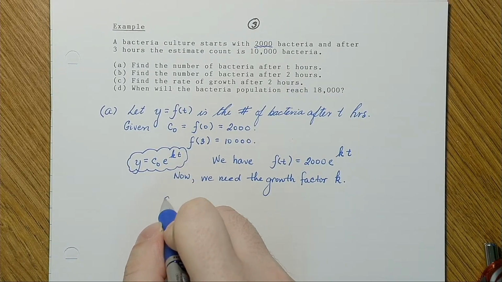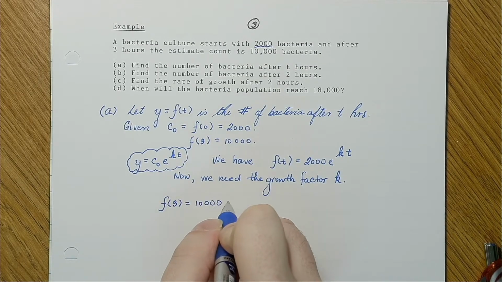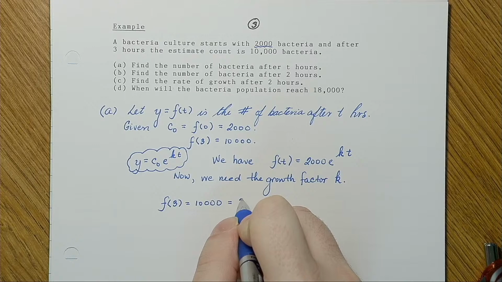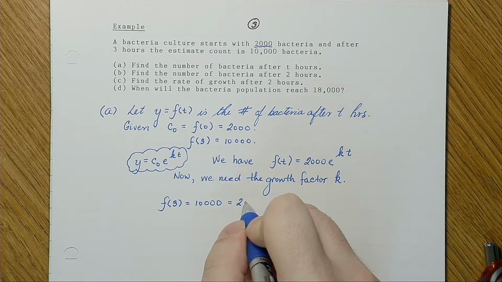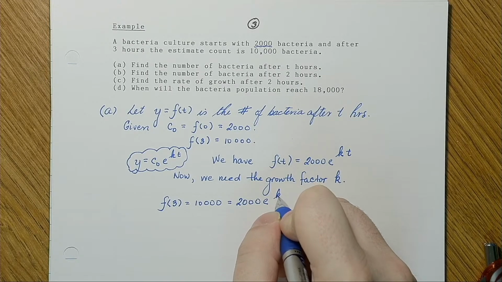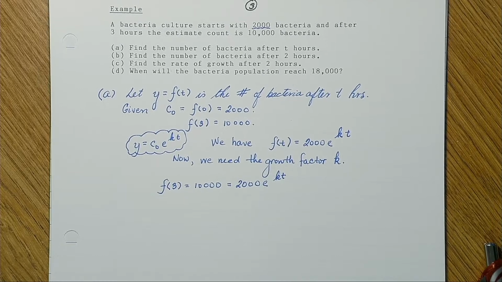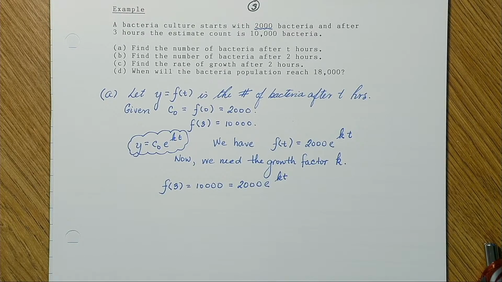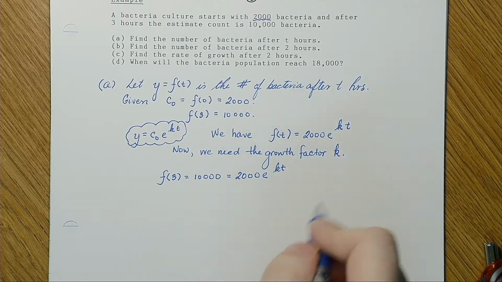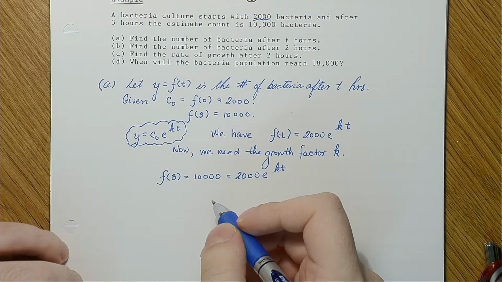We know that f of 3 is equal to 10,000, and that has to equal this function over here, 2,000 e to the kt. And this is why we were learning how to solve equations with exponentials.